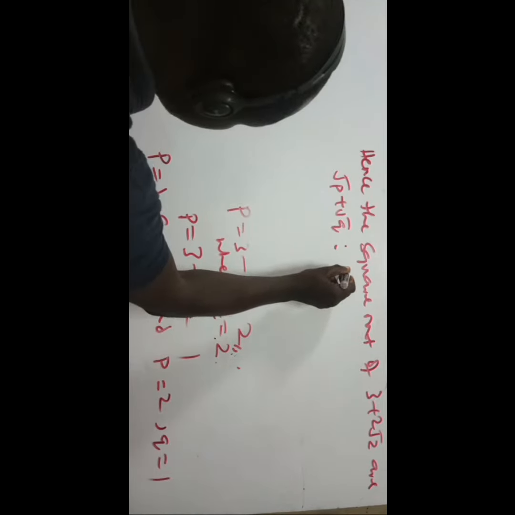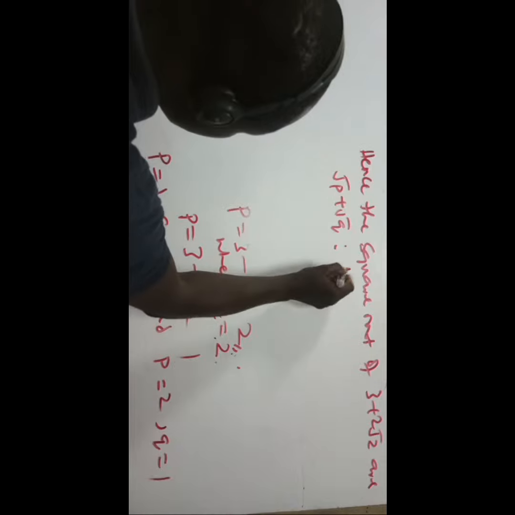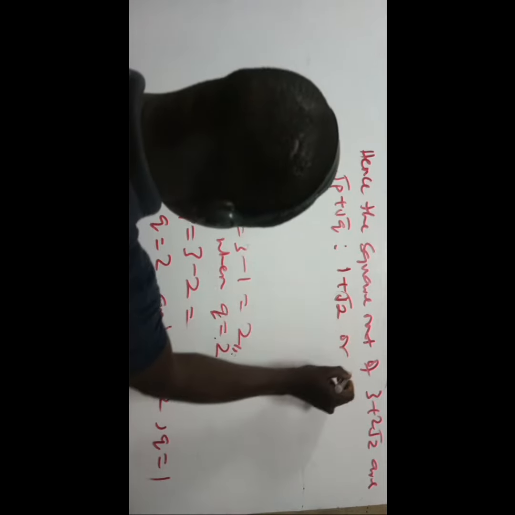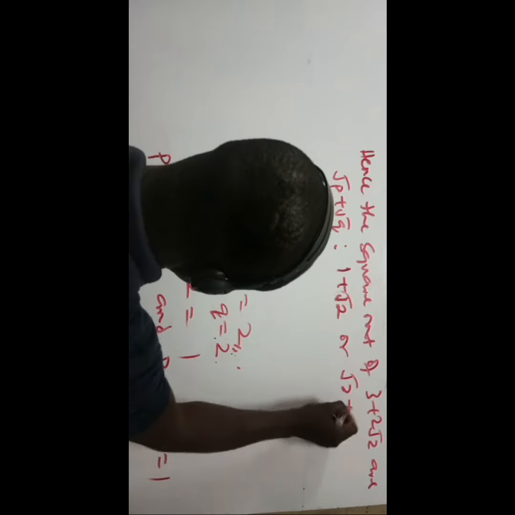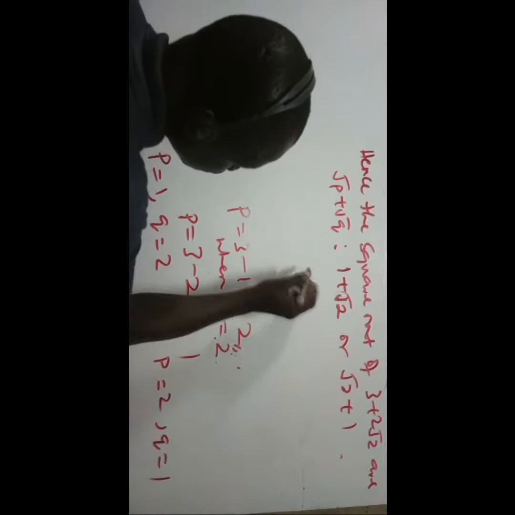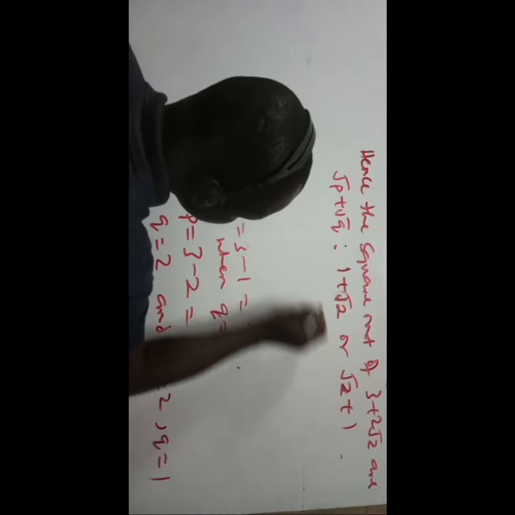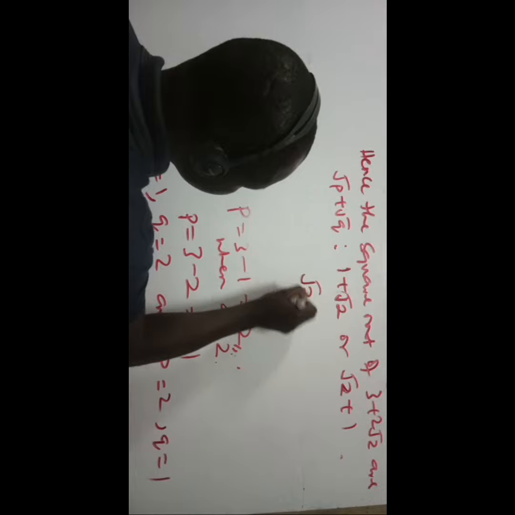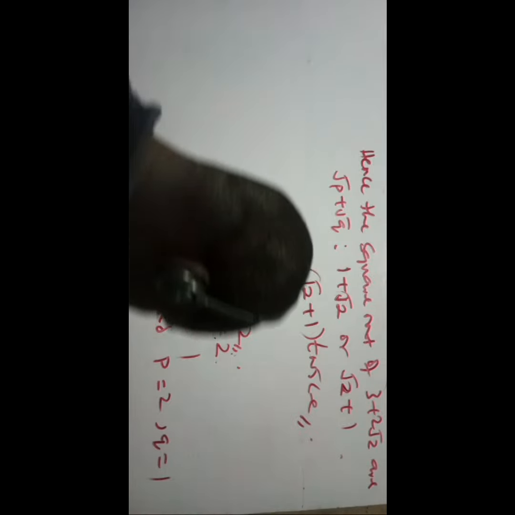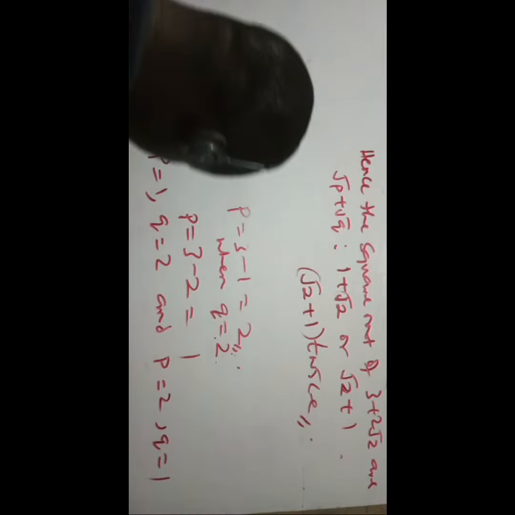When p is equal to 1, the square root of 1 is 1, so 1 plus square root of 2, or square root of 2 plus 1. And that is what we are going to get. Since it's addition, I can rewrite it, so that's square root of 2 plus 1 twice. That will be the square root of that question.